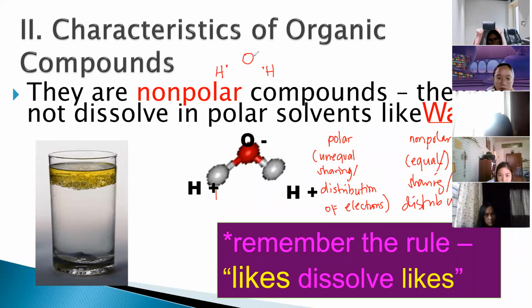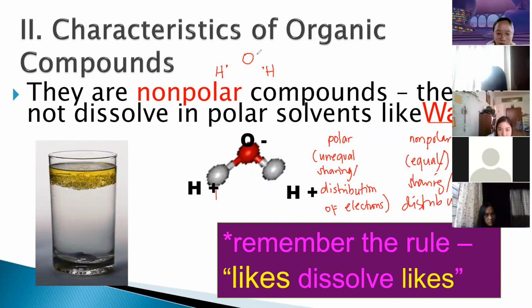While oxygen is in group 6. So oxygen has 4 free electrons, and then it shares two, one with each hydrogen. One for one hydrogen, and then another one will be shared with the other hydrogen.